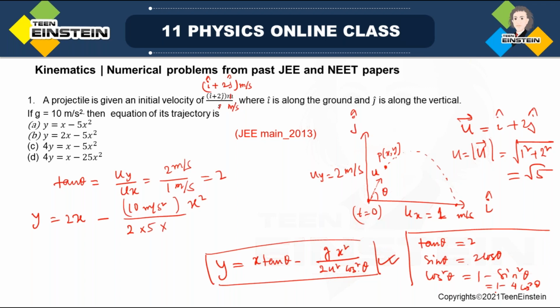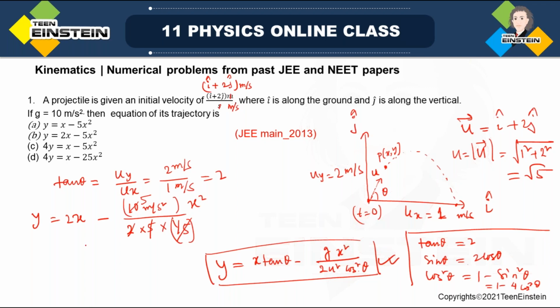So if you solve it, this is 5 cos square theta is equal to 1. So cos square theta will be actually 1 by 5. Just solve and see. So this will get cancelled with this one, and this will give you 5 meter per second square into this.